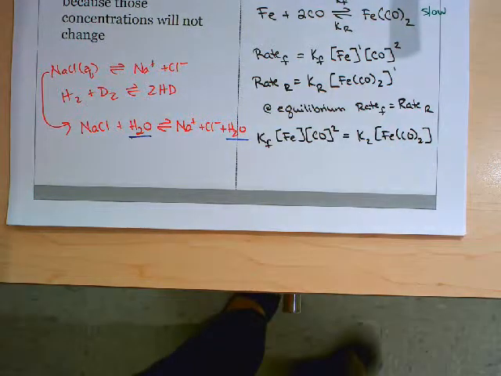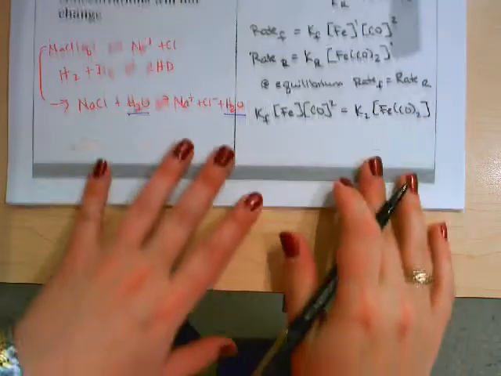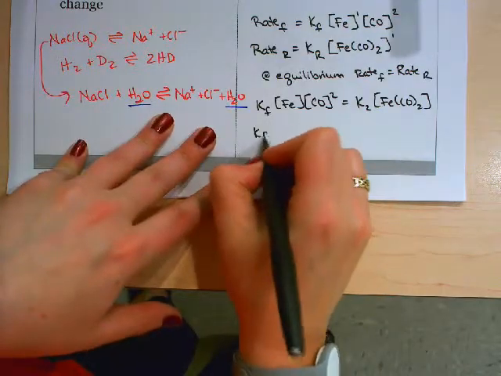Alright, so now, like any good chemist, you want to get the variables together. We're going to get all the things that are k on one side, all the things that are in brackets on the other side.